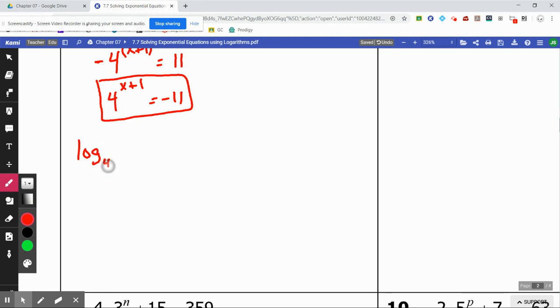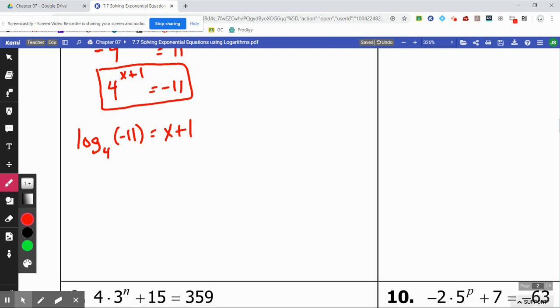This would be log base 4 of negative 11 is equal to x plus 1, which you should already know the answer, but if you try to type this into your calculator, you get an error. The reason you get an error is because you cannot take the log of a negative.